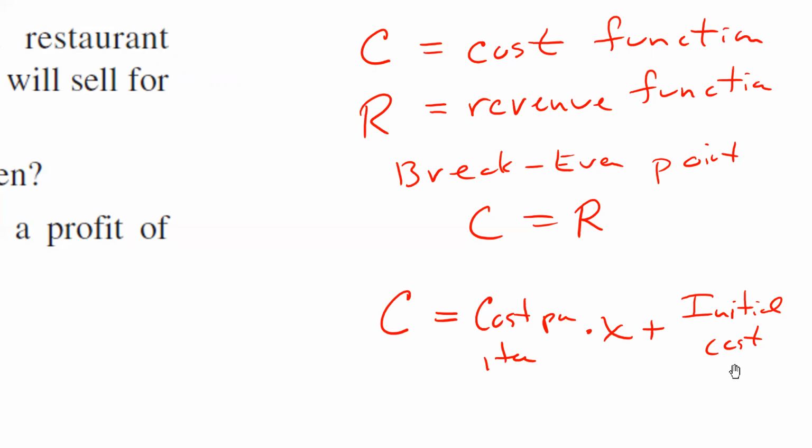I think it's called constant cost, or what's the other one here? Static cost, I guess we can do it like that. So no matter how many items you make, that one doesn't change. Okay, good there.